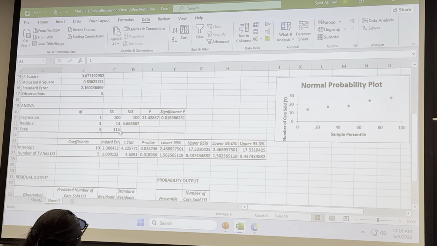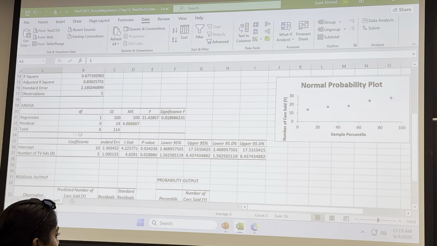Okay. Now what is this? This is simply y minus y bar: from each y value you subtracted the mean value, squared it, and when you sum all of them, it is 114. This is your SST.